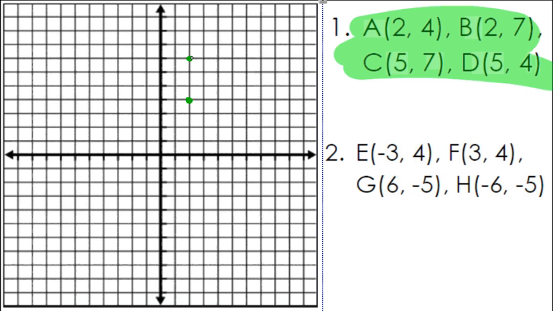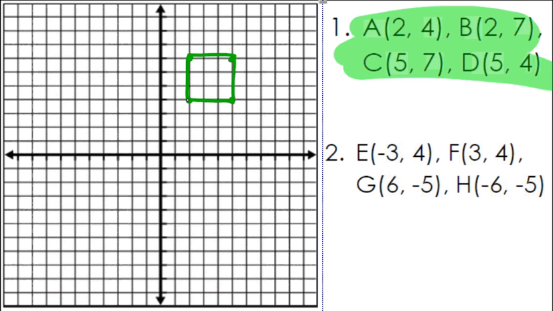C is at 5, 7. And D is at 5, 4. So that's right there. We connect the dots in order. What shape did I make? Square. So for shape 1, that is a square.